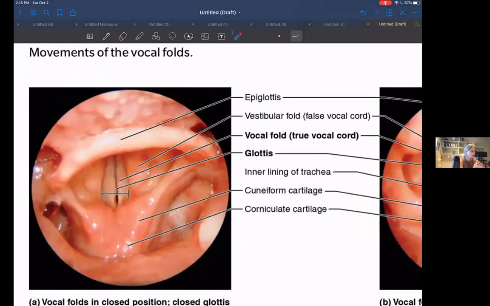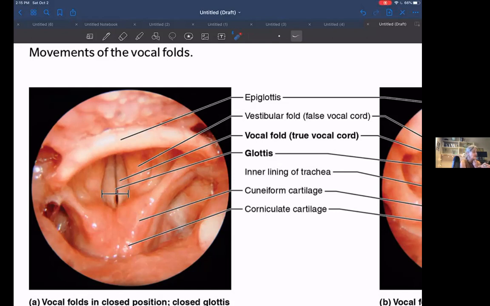Here we go. Okay. So looking down in the throat, they can actually use a little scope to look down into your throat to see what is going on. This is my vocal fold. It is white because it is avascular, which means it doesn't have any blood vessels in it. This is the opening. So this is the glottis. This is opening into the larynx.